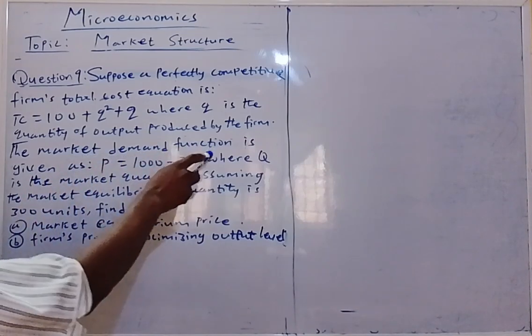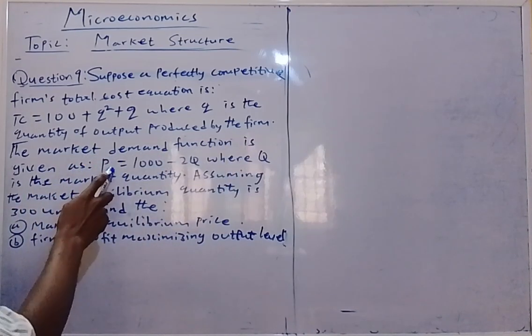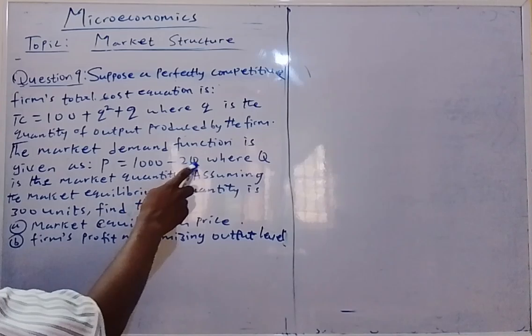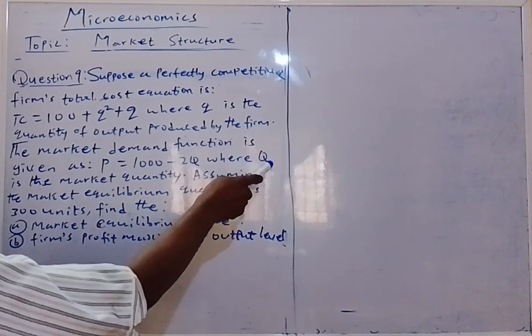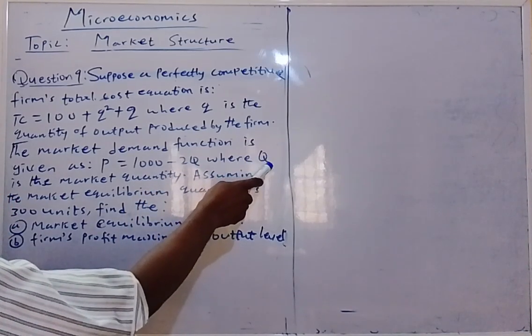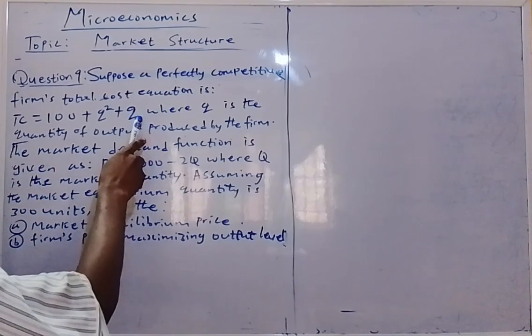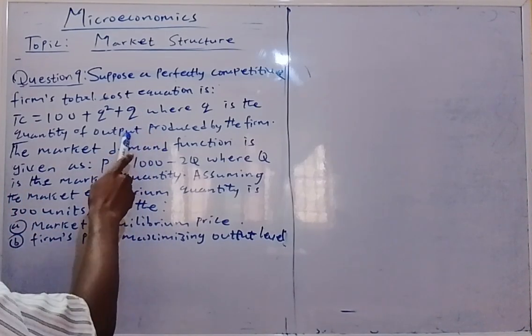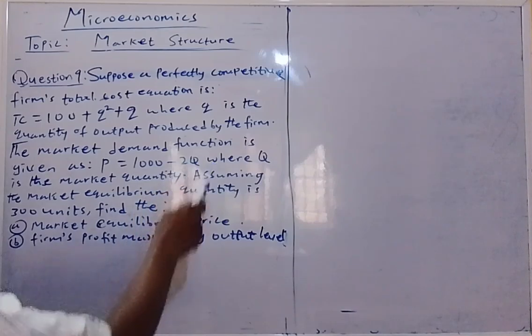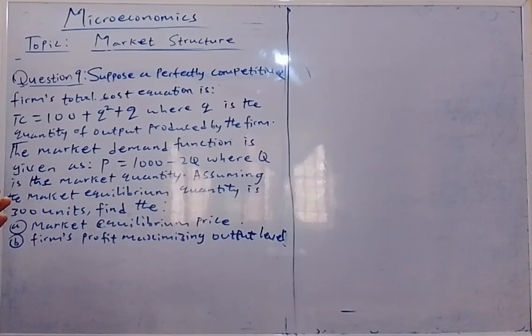The market demand function is given as P equals 1000 minus 2Q, where Q, you can see this is capital letter Q, is the market quantity, while small q represents the quantity of output produced by the firm. Capital letter Q represents the market quantity, that is, the quantity of outputs in the market.